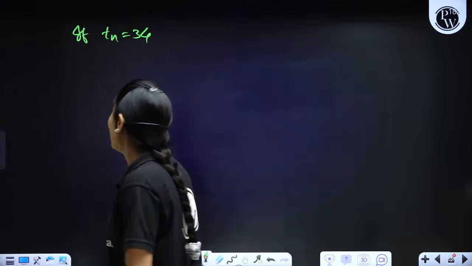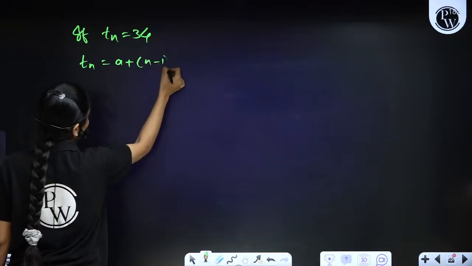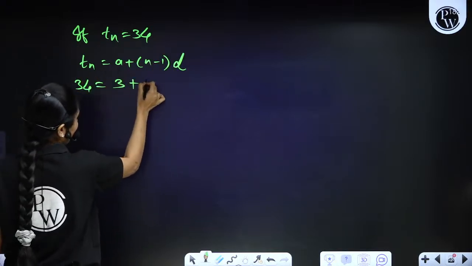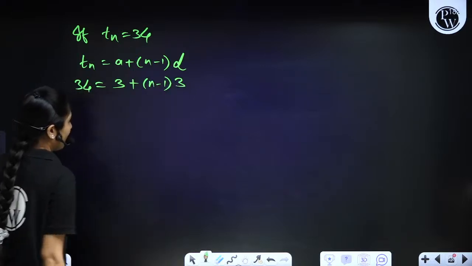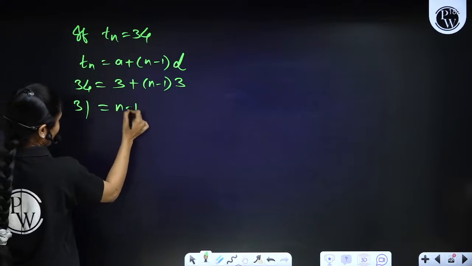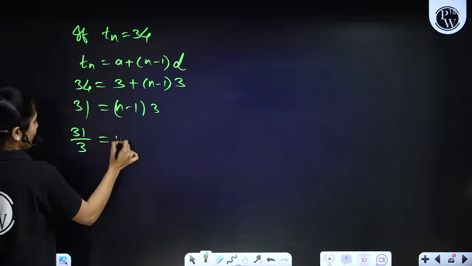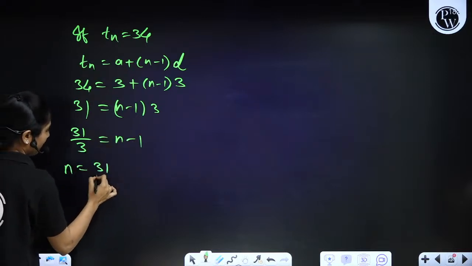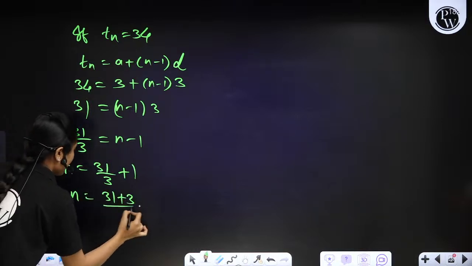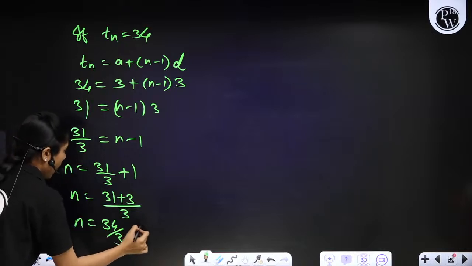Tn equals a plus (n minus 1) into d. So 34 equals 3 plus (n minus 1) into 3. So 34 minus 3 is 31 equals (n minus 1) into 3. 31 by 3 equals n minus 1. So n equals 31 by 3 plus 1, which is (31 plus 3) by 3. So n equals 34 by 3.